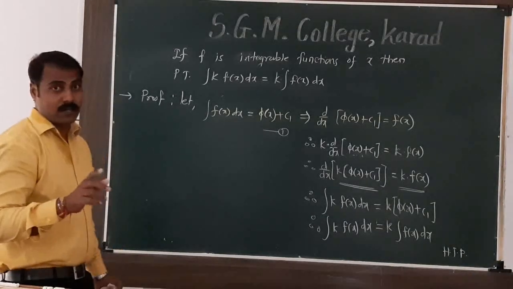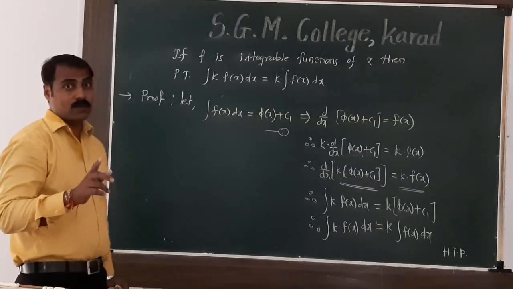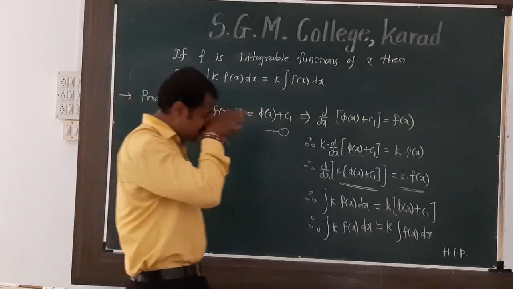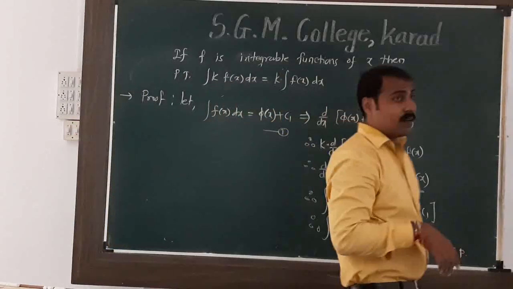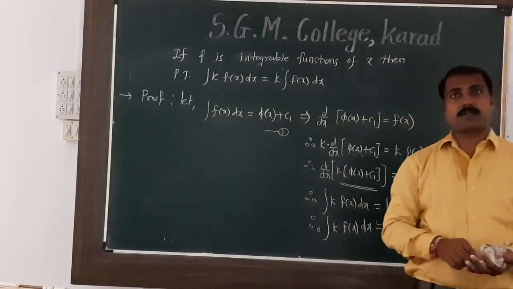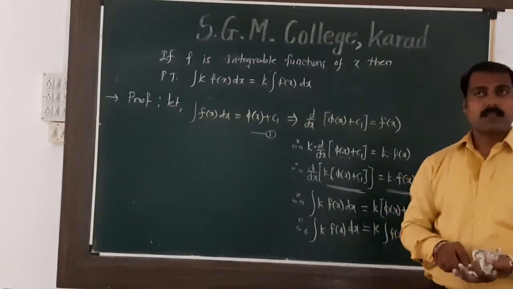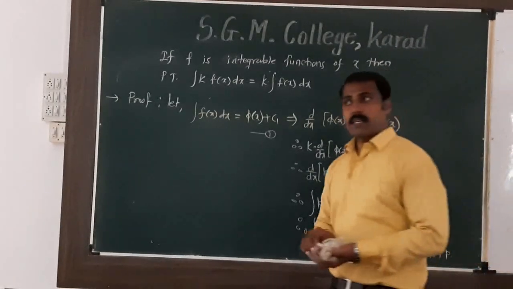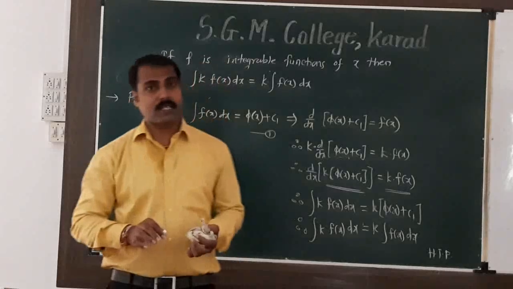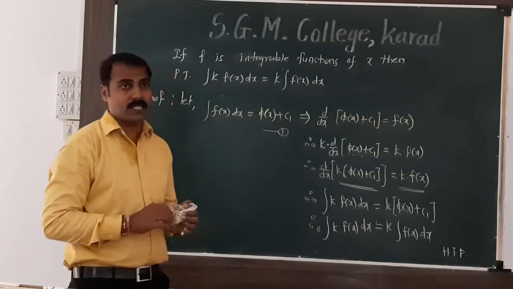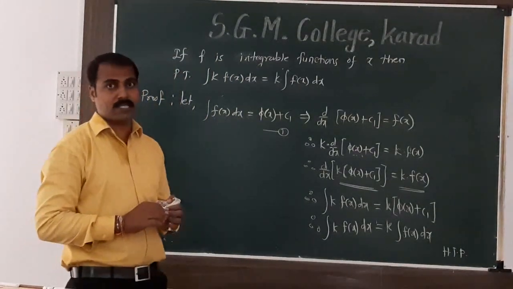So we have learned three rules. First one is integration of f of x plus g of x dx is equal to integration of f of x dx plus integration of g of x dx.